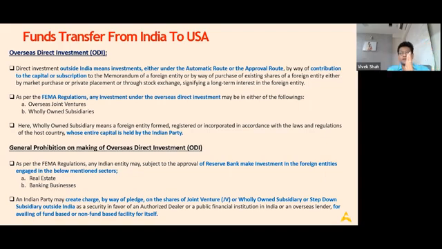Sometimes you are a businessman, you focus on your business, and through an online agent you created the LLC and the INC, but most of the time you forget the compliances with the FEMA regulation. Whenever you have to remit the funds from the US back to India, then you will be stuck. You can't transfer because you have not done the proper ODI process when you bought the equity.